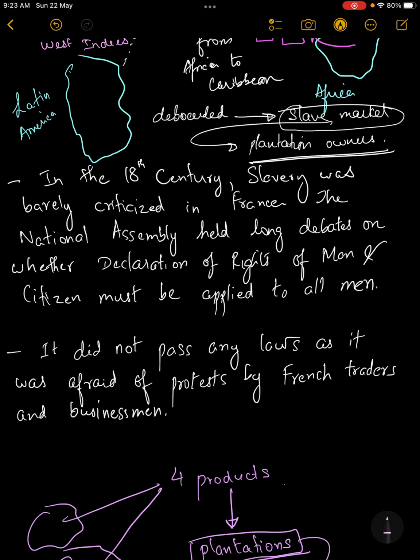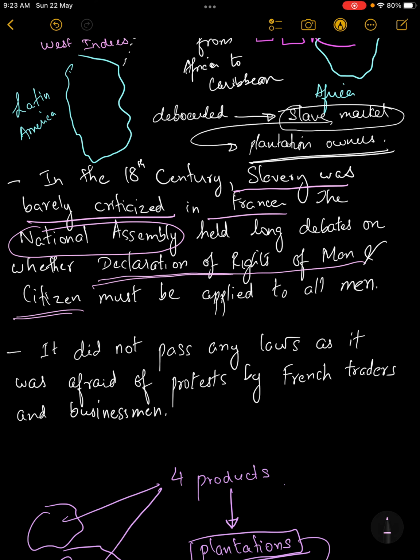Right now, when this started, slavery was barely criticized in France. People apparently did not have any problem with it, especially the traders and the businessmen, obviously. And the National Assembly, which existed at that point of time, by the Constitution of 1791, held huge debates on whether the Declaration of Rights of Man and Citizen, this very important document in the French Constitution, should technically be applied to all men or not.